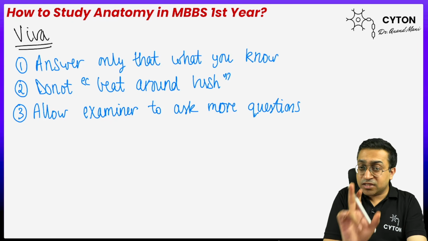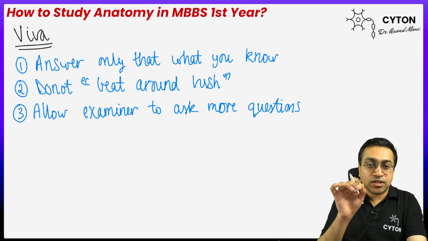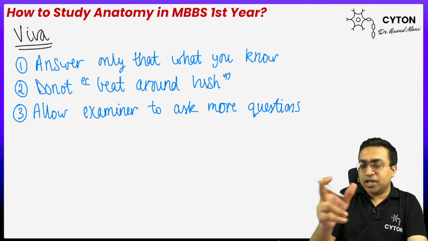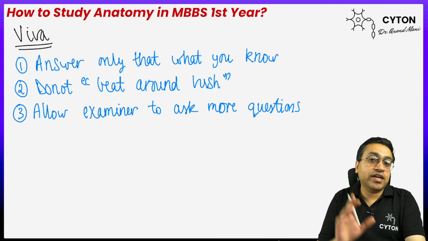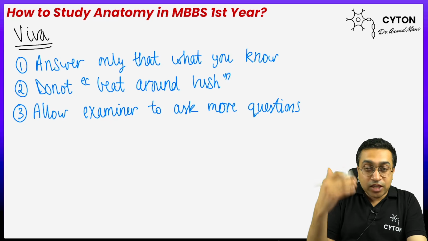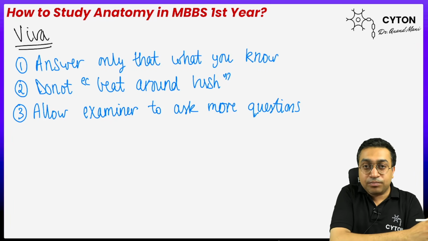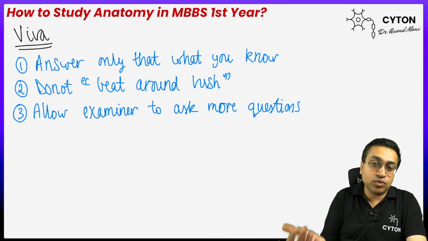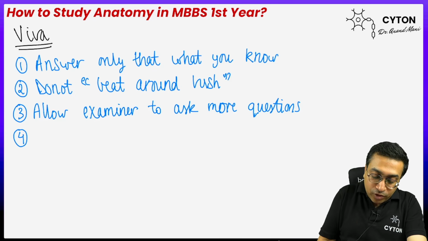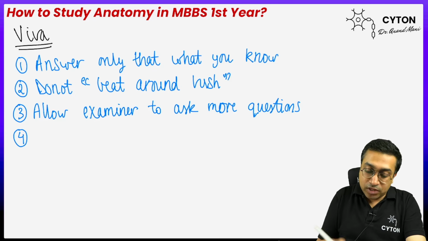The examiner has just asked you what is this structure, you just stay shut after saying pectoralis major. Don't keep on saying, "Sir, let me tell you the origin first, insertion first, then the nerve supply, then the action." No, you are killing your questions. Then he will shift to another part of the human body to ask you other questions which you may not know. So don't try to act smart, you will fall into your own gutter while answering.